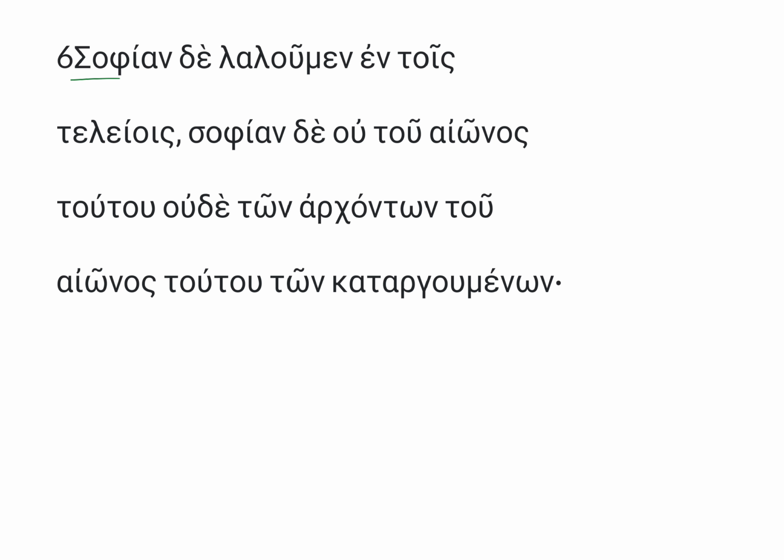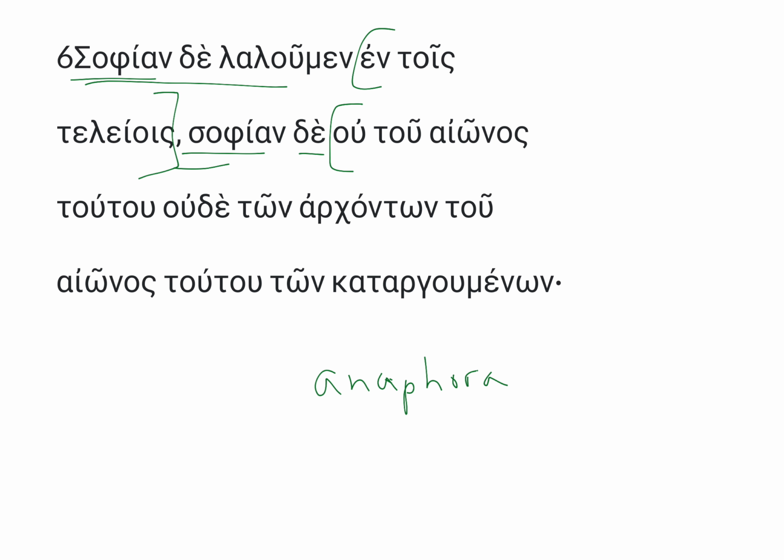We note also a kind of anaphora here, which means the repetition of the same word at the beginning of consecutive clauses. Sophian de, sophian de. So the whole thing: but we speak a wisdom among the mature, and it is a wisdom that is, so we have to supply laloumen, we speak.